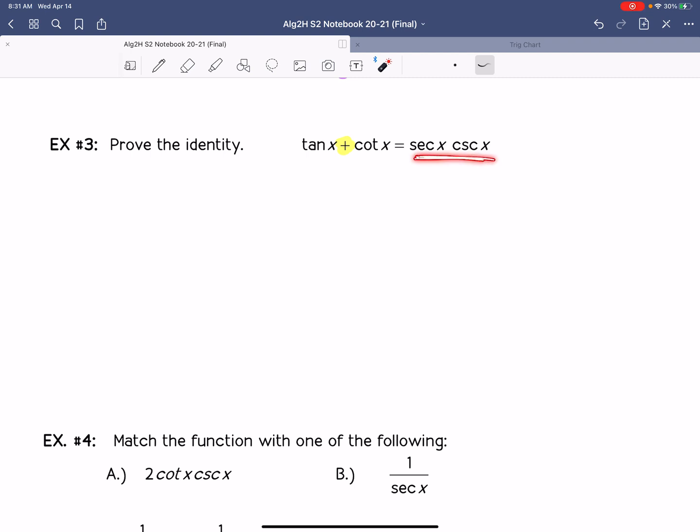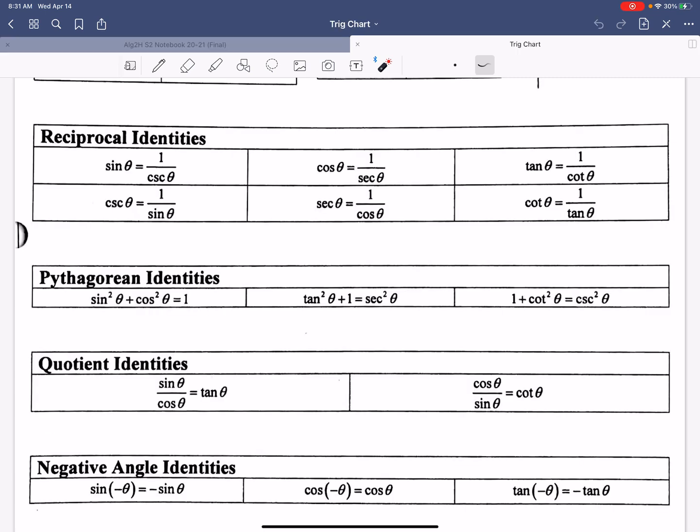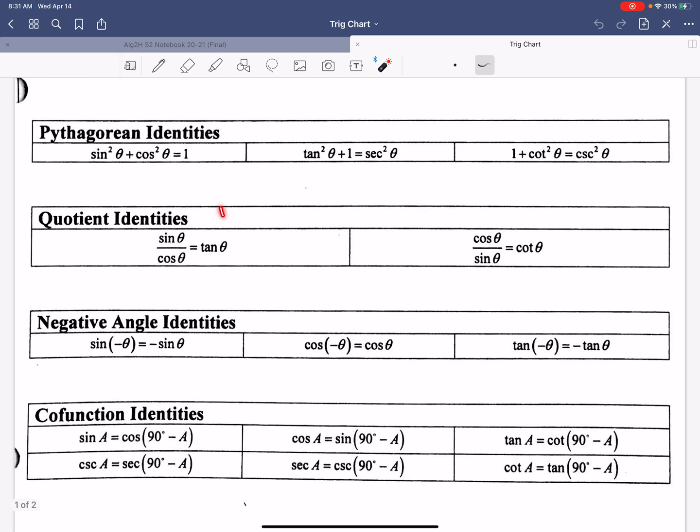So this relates to sine and cosine, so I want these to relate to my sine and cosine. So what do I know about tangent and cotangent that could be rewritten in terms of sine and cosine? So again, if we look at our trig chart, and if you look at the quotient identities, we know tangent and cotangent are the same as sine over cosine or cosine over sine.